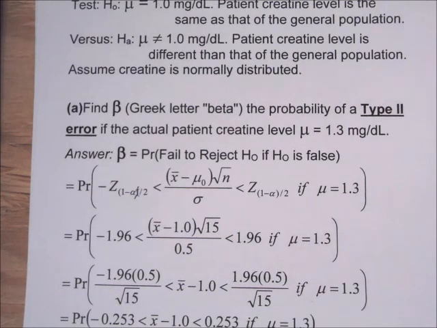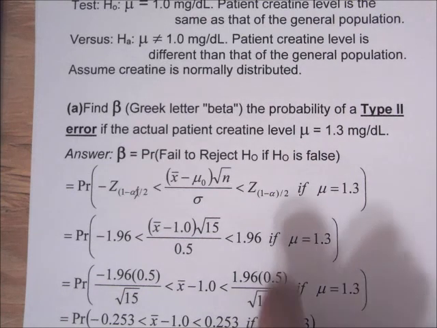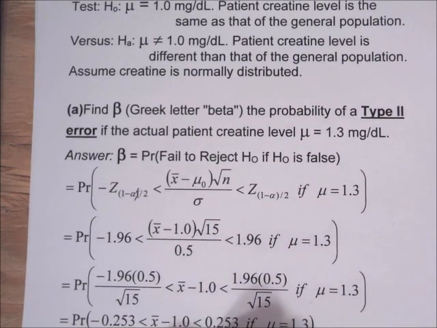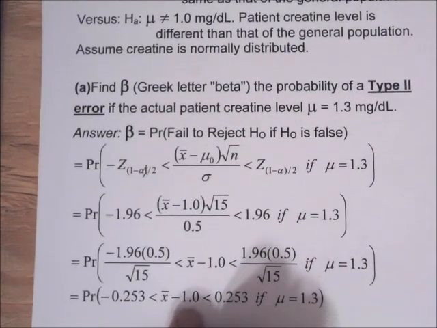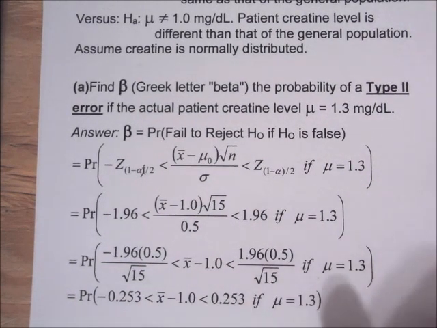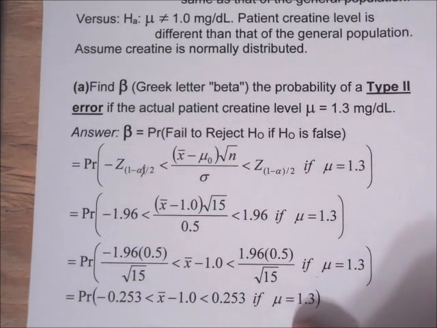Okay, so we want to solve for x bar here. We multiply both sides by 0.5, divide both sides by square root of 15, and that'll give us x bar minus 1.0 is between negative 0.253 and positive 0.253.